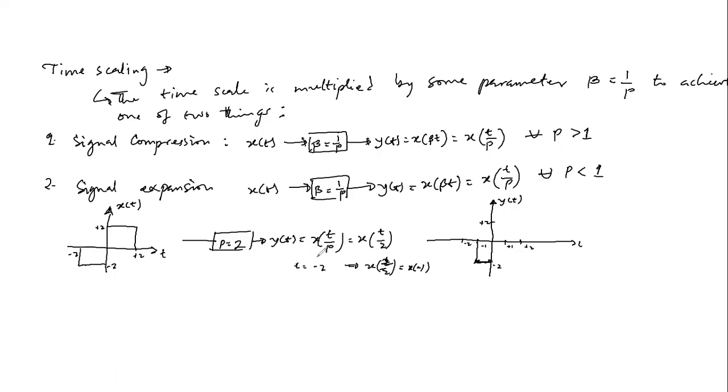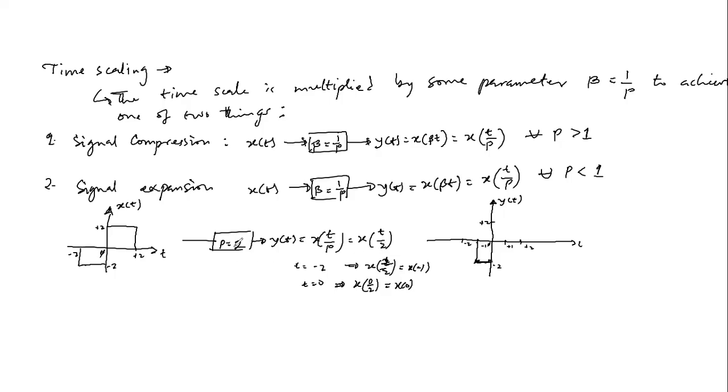And then at t equal to 0 as the origin, we have x of t over 2, that is 0 over 2, which is x of 0. And for s of t it is positive 2 at t equal to 0.